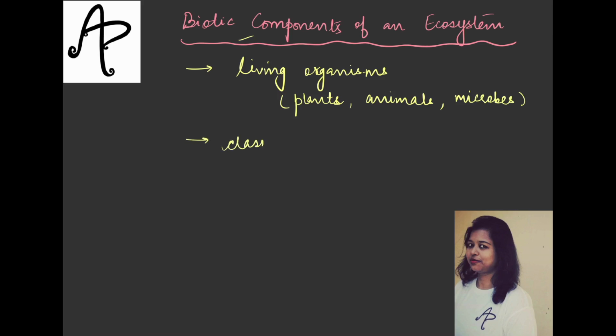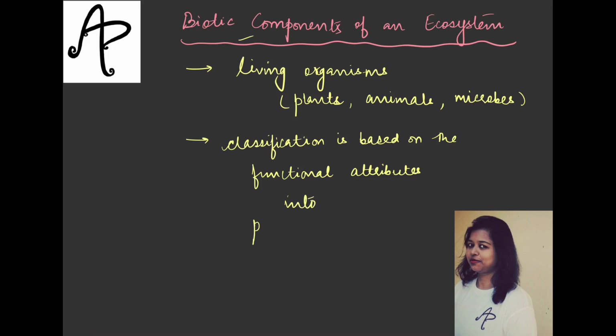And the classification of the biotic component is based on the functional attributes into producers and consumers. I'll explain this because this is what we are going to do in the detail part.